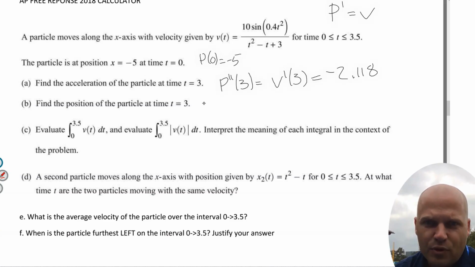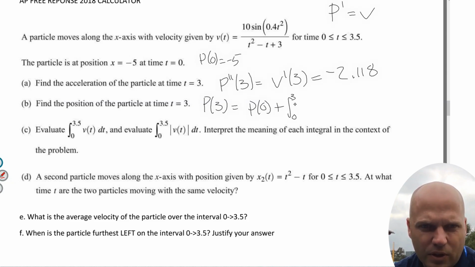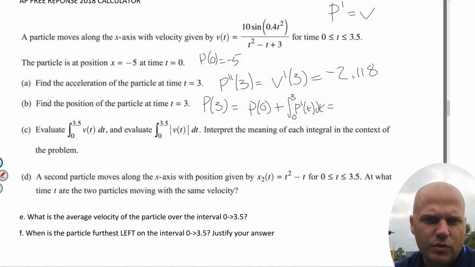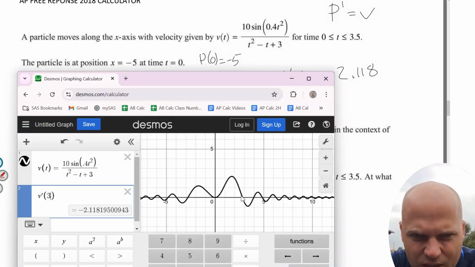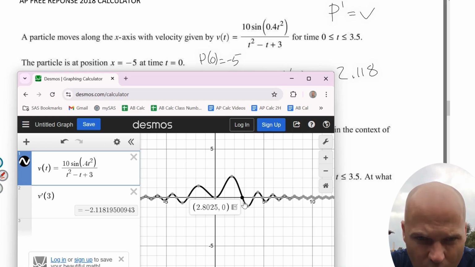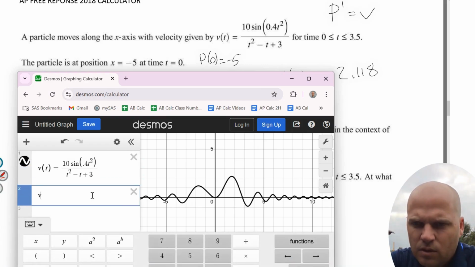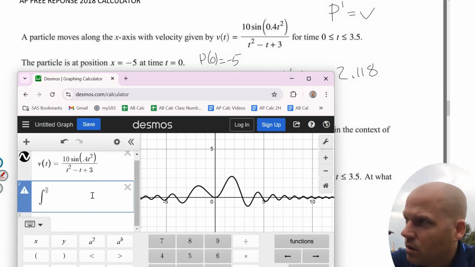The position at time 3. Cool, I can do that. Well, I don't even need my sign analysis yet. I just know I need to accumulate my velocity, my derivative, from 0 to 3. If I want to see the sign analysis, I can see, oh yeah, we have a little bit of decrease. So it's a little bit more intense than you would think.